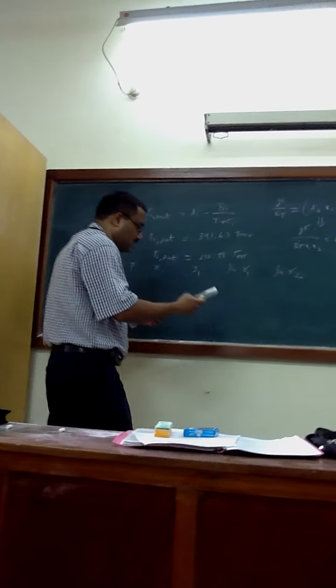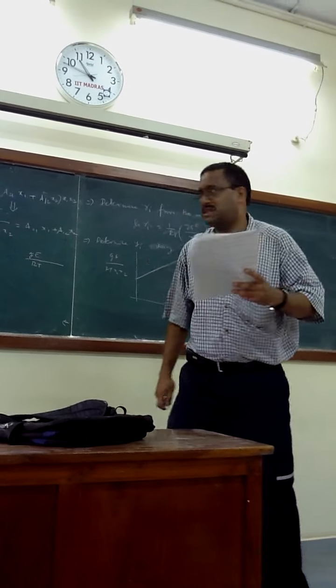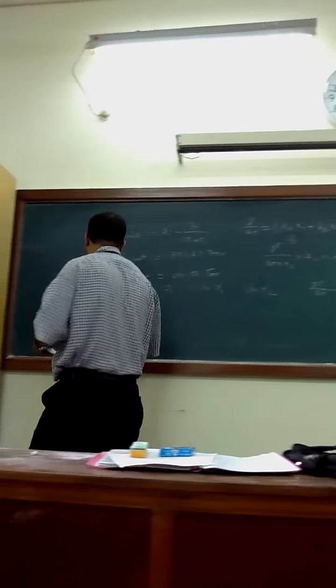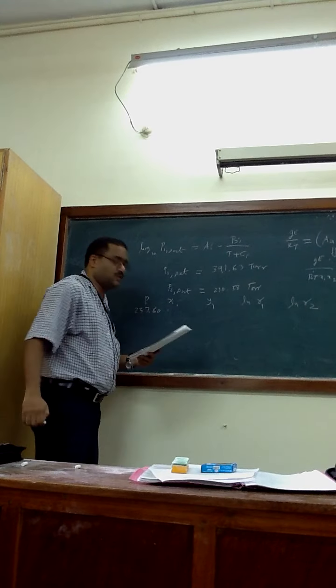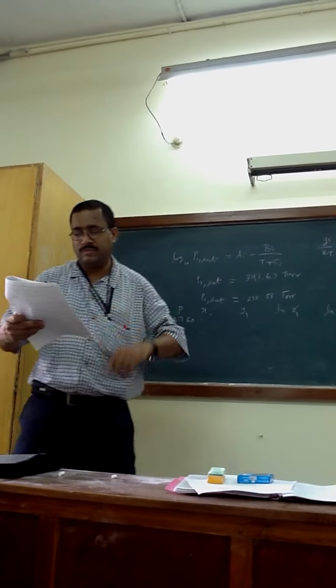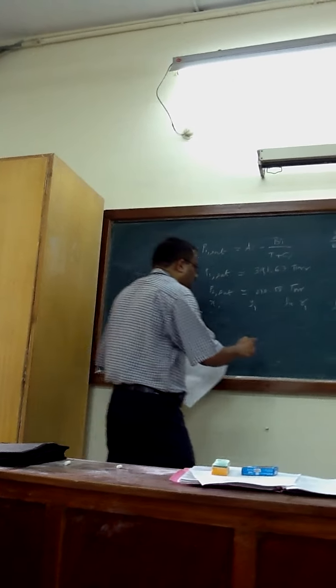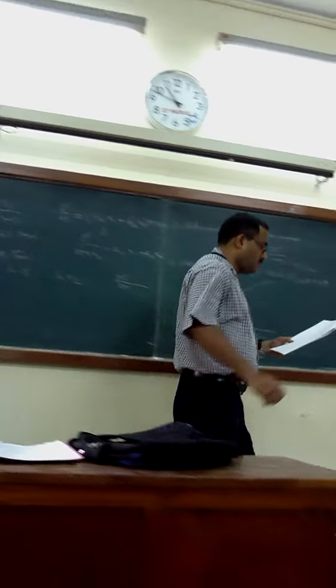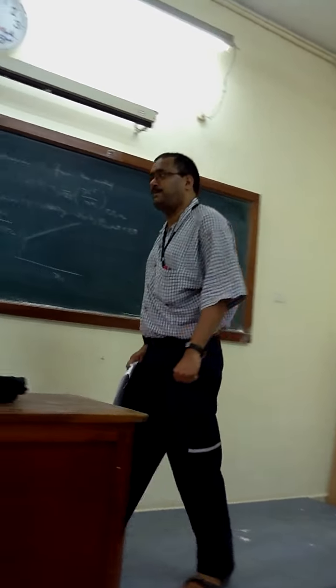Okay, so let's start. First data: P is 237.60, x1 is 0.087, y1 is 0.187. So what is ln gamma 1? We know the experimental gamma 1 is y1 P by x1 P1 sat.